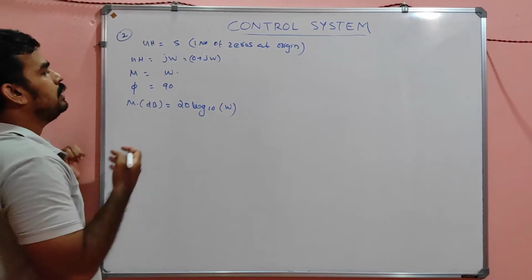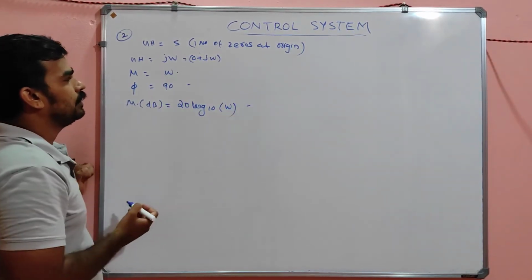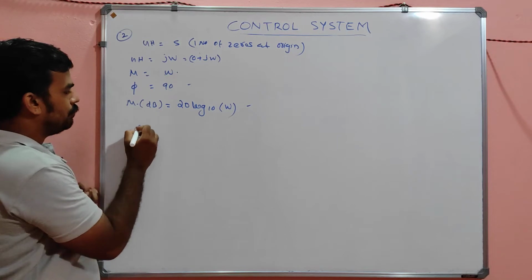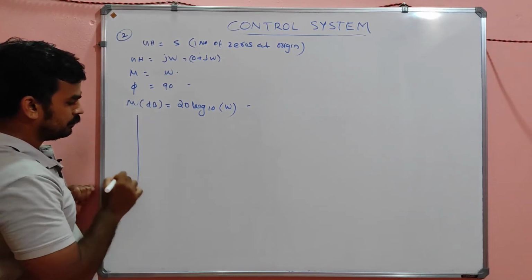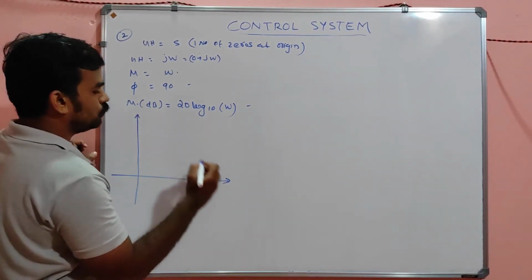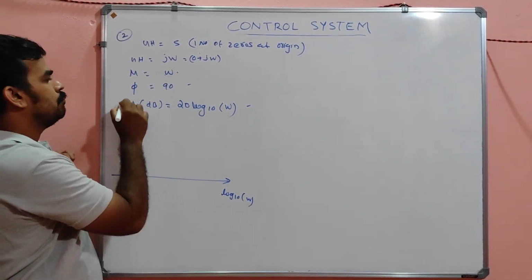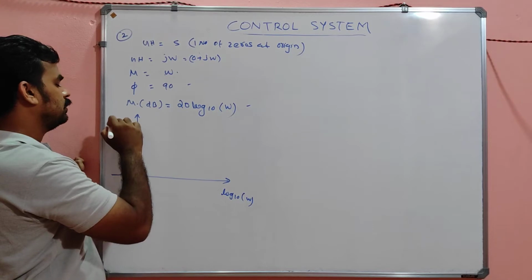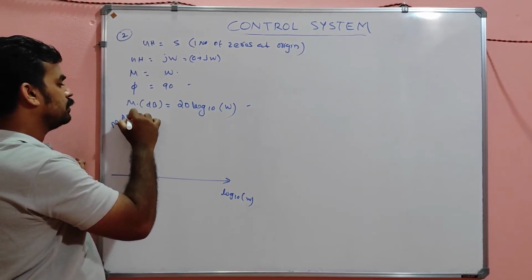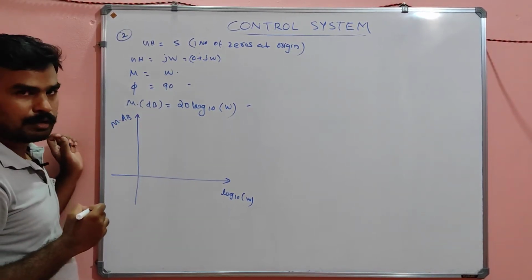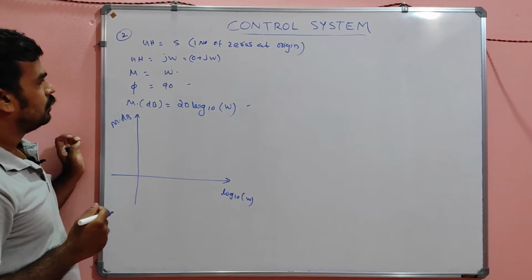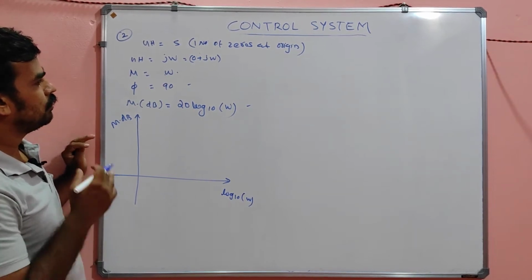Okay. So we need these two quantities for plotting the graph. So the graph is nothing but log 10 to the base omega versus M dB, which is 20 log 10 to the base omega.